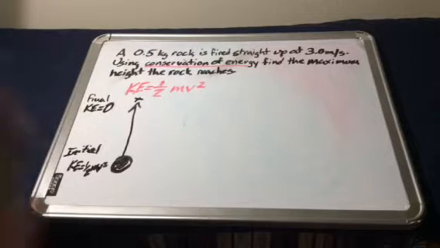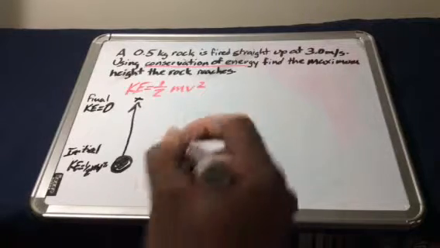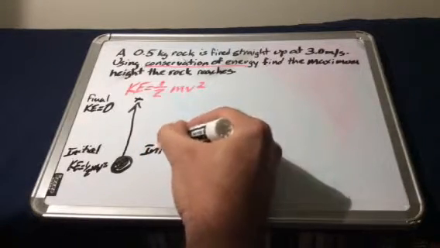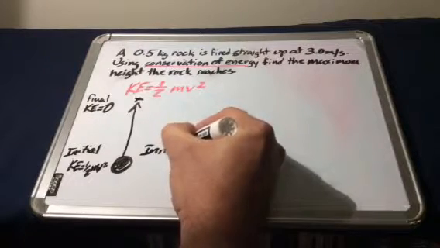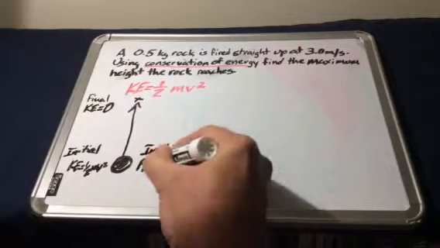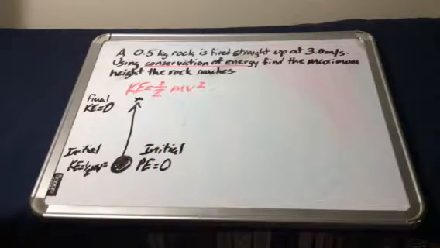When we're talking about energies, you've heard about kinetic energy, the energy due to the motion of an object, and you've also heard about potential energy, which is energy that's being stored. Initially, since all of the energy is tied up in motion, our potential energy is equal to 0.